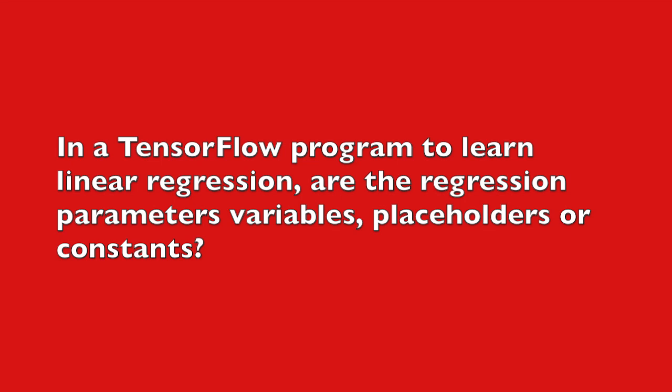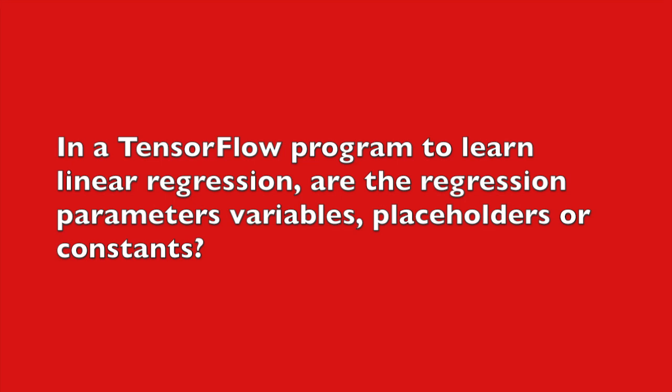The program will converge on the best values of those regression parameters on the basis of some optimization by minimizing some cost function, i.e., the mean square error. The type of construct used for such entities are variables. Variables, as their name would suggest, are going to change their values during the course of the program.